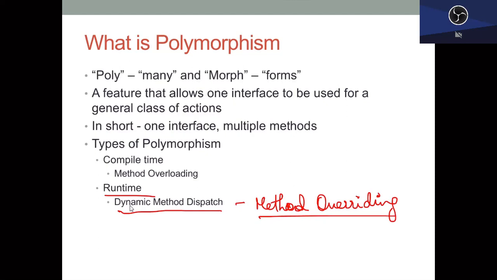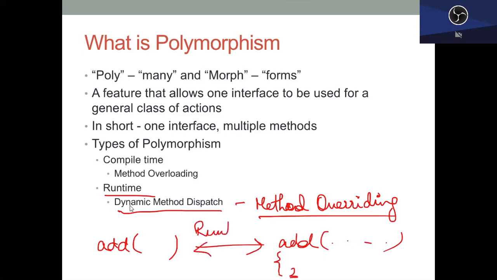This resolving between a method call and a method implementation is done at runtime, and this is more valid when we talk about an inheritance hierarchy. When we talk about an inheritance hierarchy, this is where it will be very much useful.